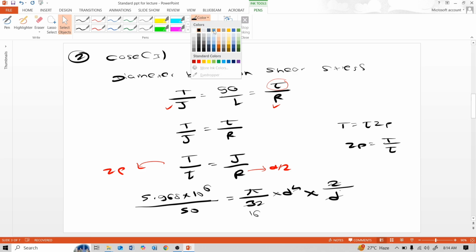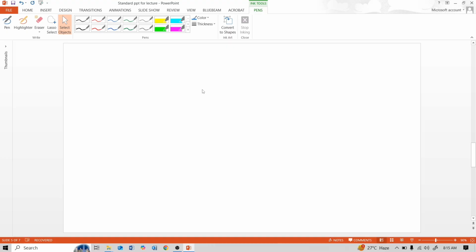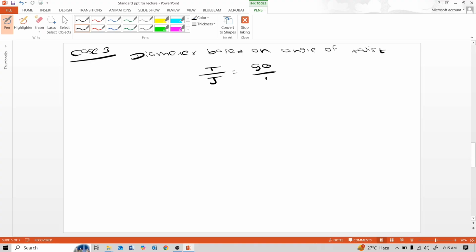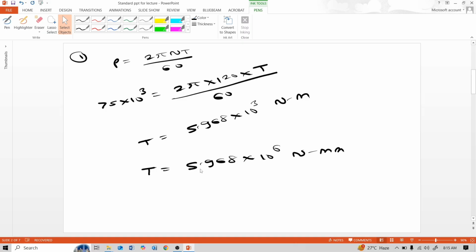That means we consider the terms T by J is equal to G theta by L. This is case 3, diameter based on angle of twist. T is 5.968 into 10 raised to 6.